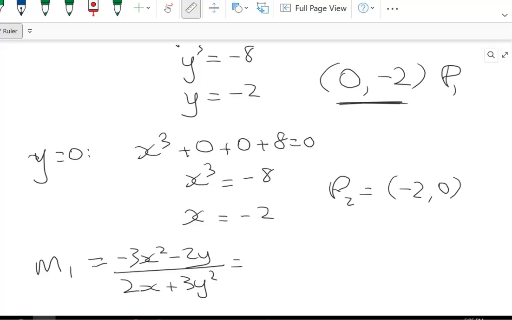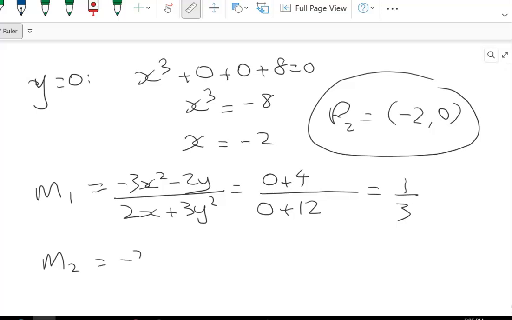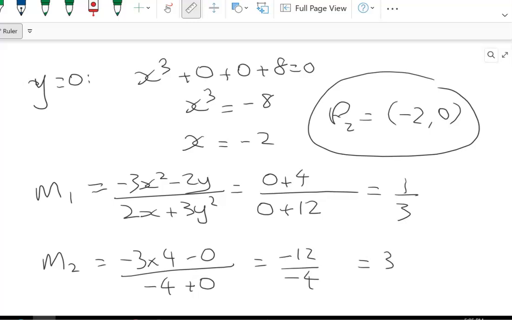So substituting into this gives me 0 plus 4 over 0 plus 12, 3 times 4, which is 1/3. And in my second point, I get -3 times 4 minus 0 over -4 plus 0, which gives me -12 over -4, which is +3.